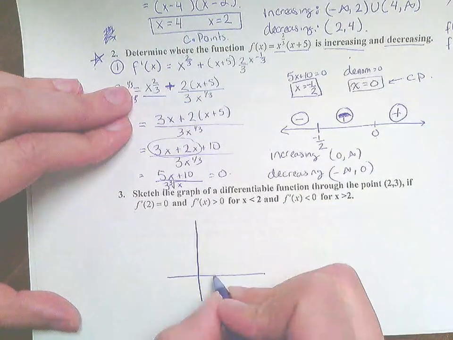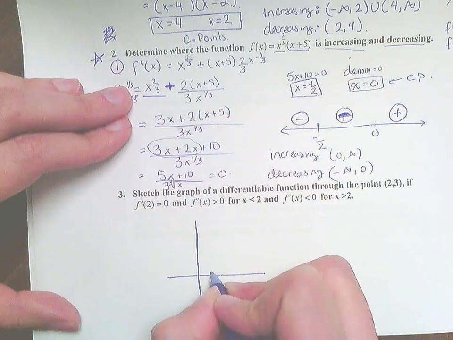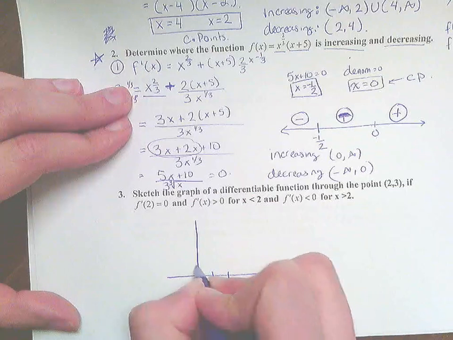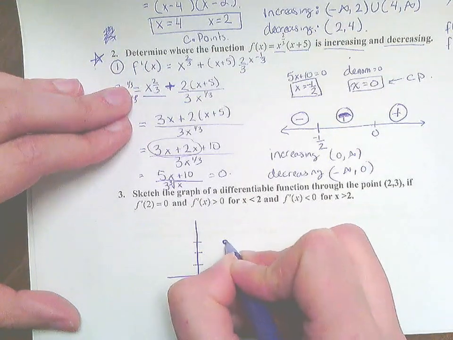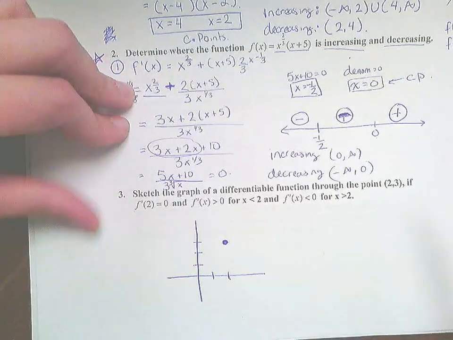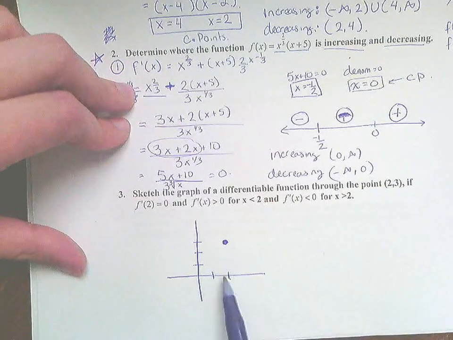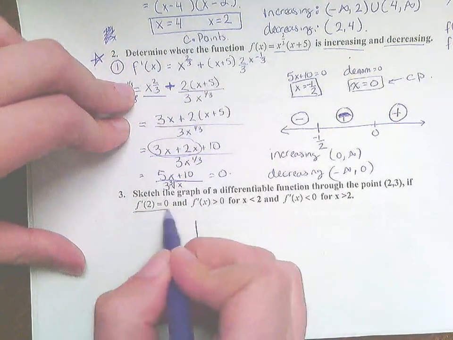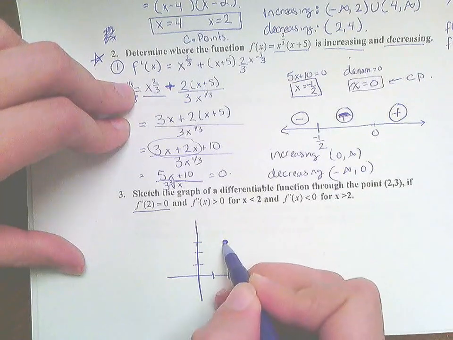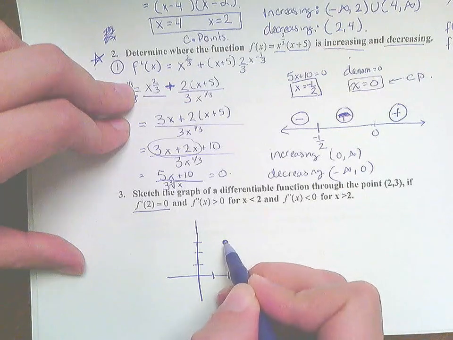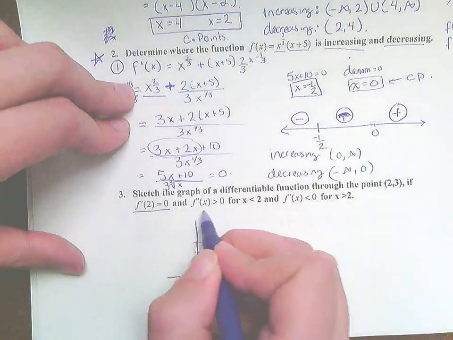The graph is going through 2, 3. So at 1, 2, 1, 2, 3, there is a point, and it's going through that point, and what this is telling us is that at f of 2, the slope is 0, which means that that could be a max or a min, but we don't know yet, right?